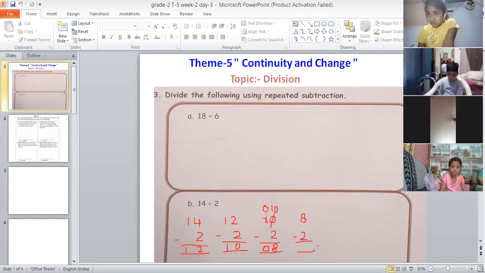Children, keep on writing answers, and whenever you have a doubt, you can use the raise hand option. Right? Azlan, you tell me now, is it possible to take away 2 from 8? Look at the question, that's 8 minus 2. It is possible to take away 2 from 8.